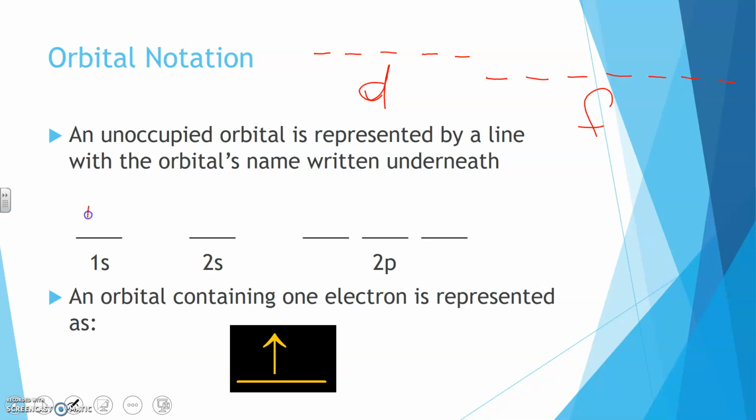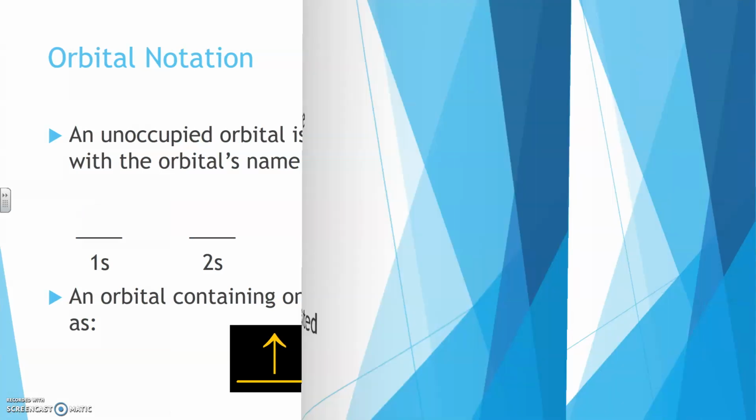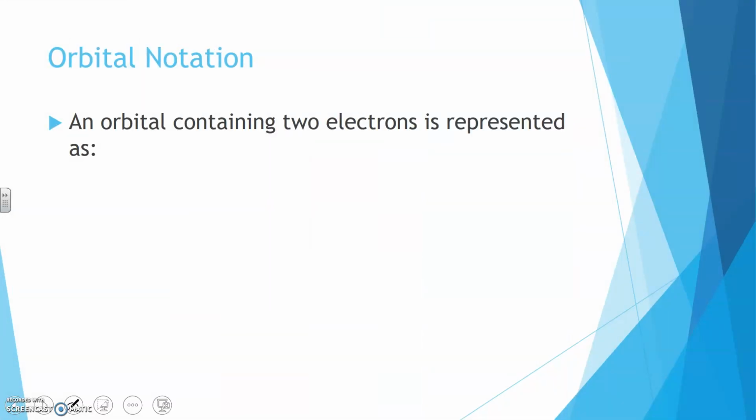Now, an orbital containing 1 electron is represented with an up arrow. Okay, so it would be like that. Moving along, an orbital containing 2 electrons would have both an up and a down arrow. So this is referring to the 2 different spins on an electron. So you have one going in the positive direction and one going in the negative direction.